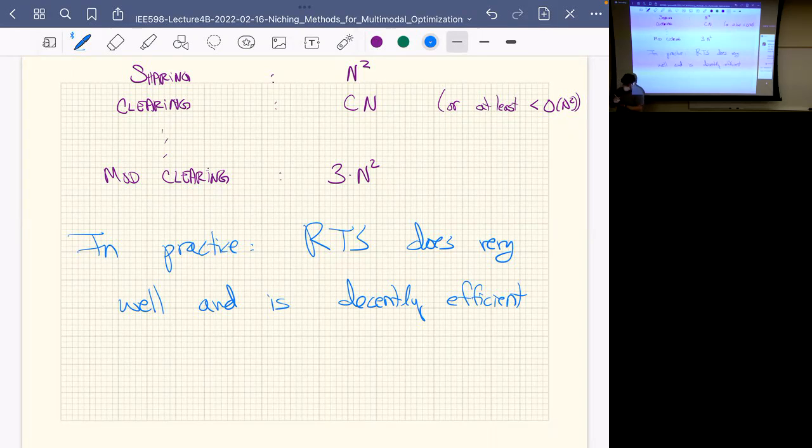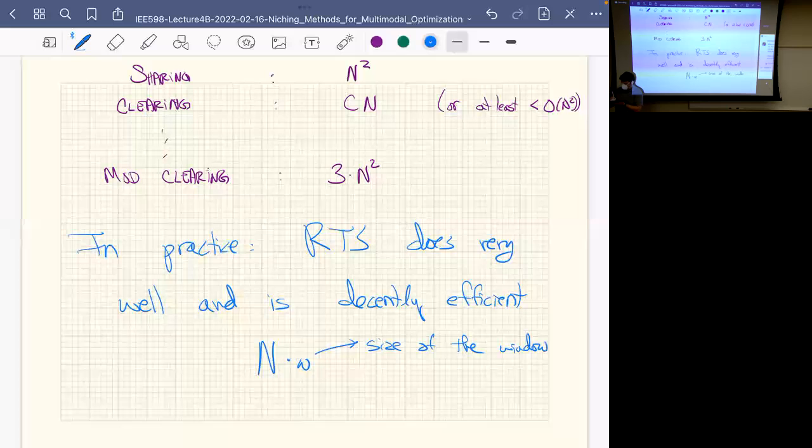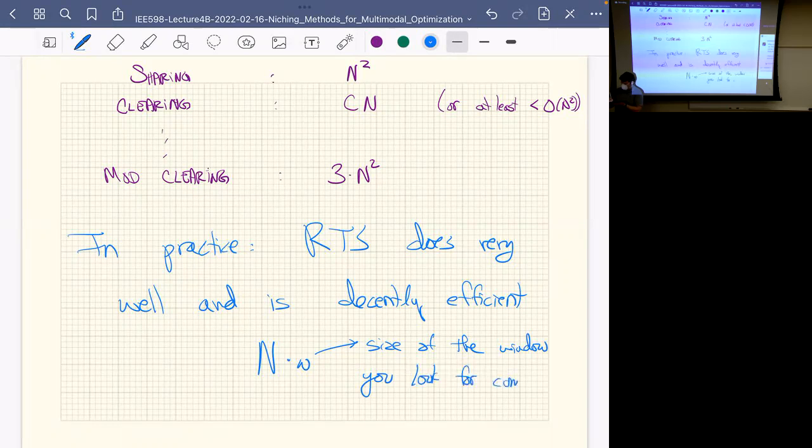RTS has basically got a complexity of something like n times W, where W is the size of the window you look for competition from. So if you're looking over the whole population, it's n squared complexity, just as bad as sharing.